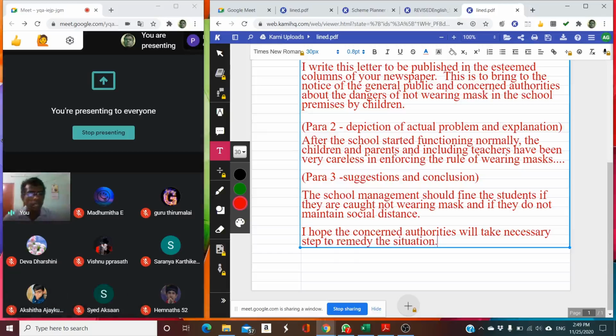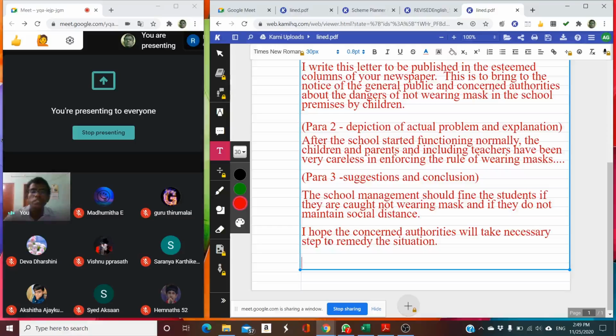This is the summary line that can be written. After that, you have to write thank you. All on the left side, all should be written on the left side. Don't write it on the right side or center or anywhere else. Everything on the left side you should write.